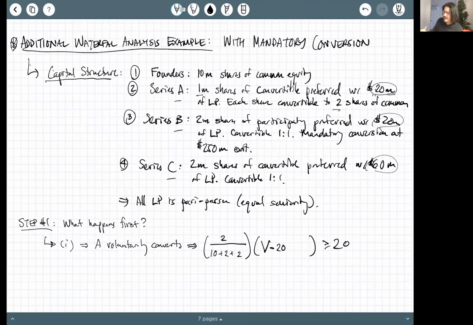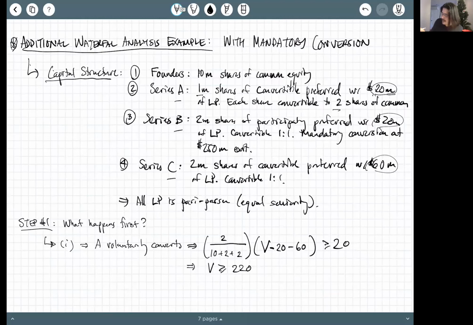Because if A voluntarily converts first, by definition, mandatory conversion hasn't occurred yet. And then the 60 million in liquidation preference that goes to Series C. And so we can solve this inequality, and we get V greater than or equal to 220 million.